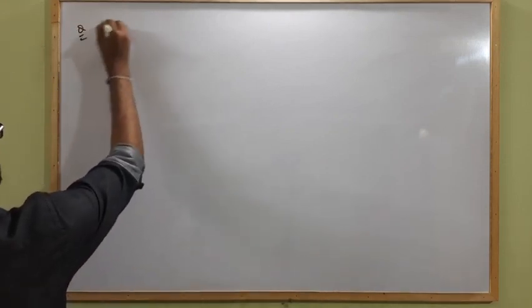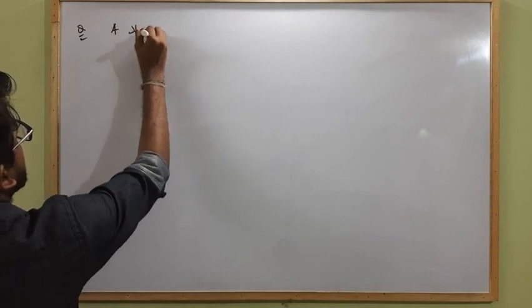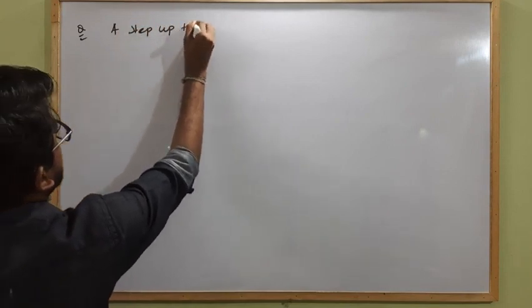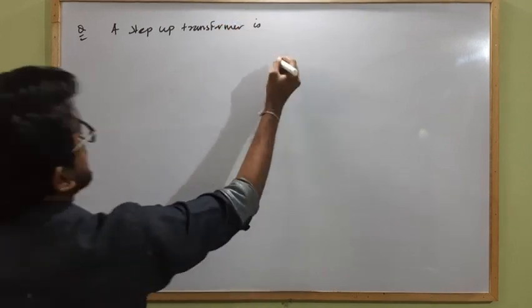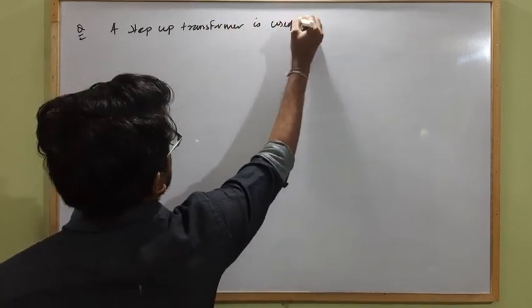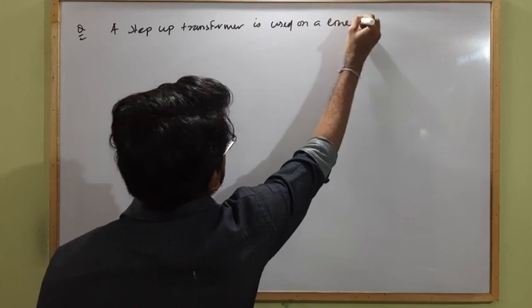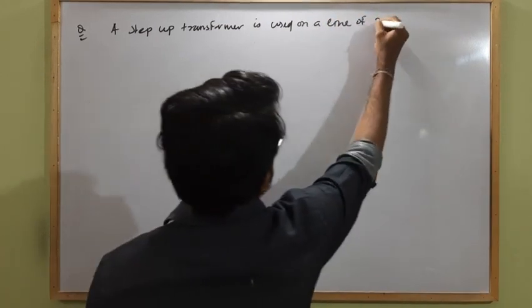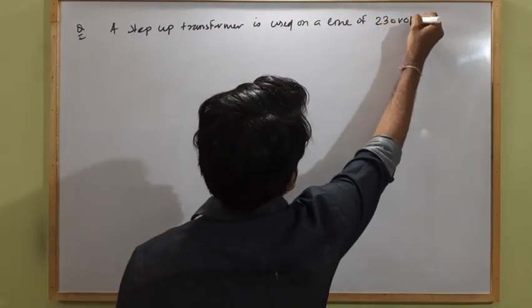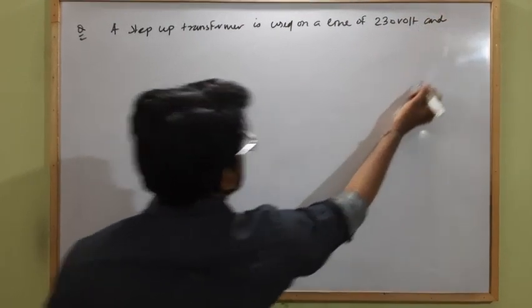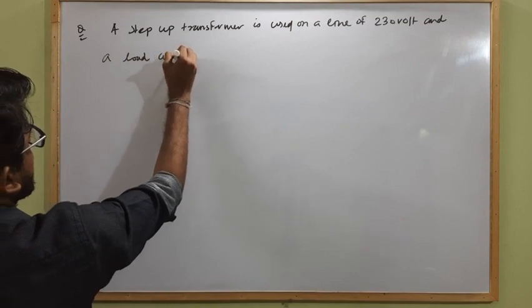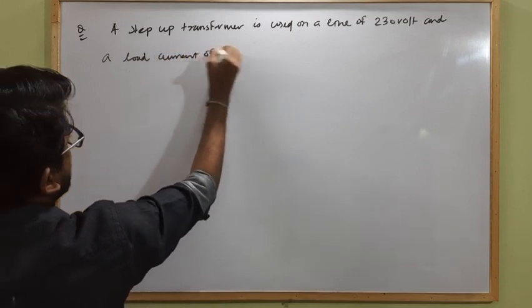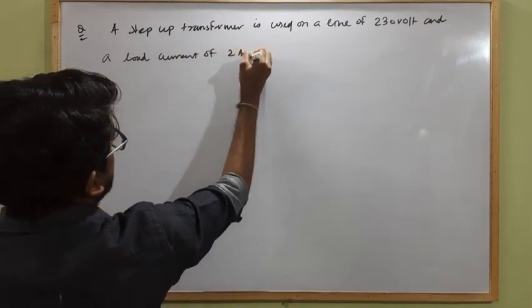Next question, a step up transformer is used on a line of 230 volt and a load current of 2 ampere.